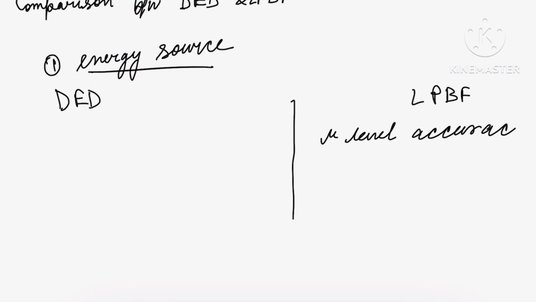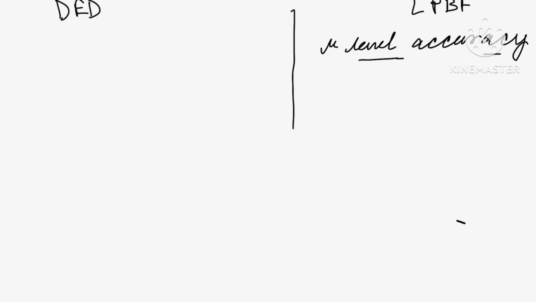But how is this micron level accuracy achieved? We have talked about the galvo scanner and the F theta lens in our last video, but these things are responsible for the fast movement of the laser beam over the powder bed. The micron level accuracy, however, is achieved by the laser process parameters.